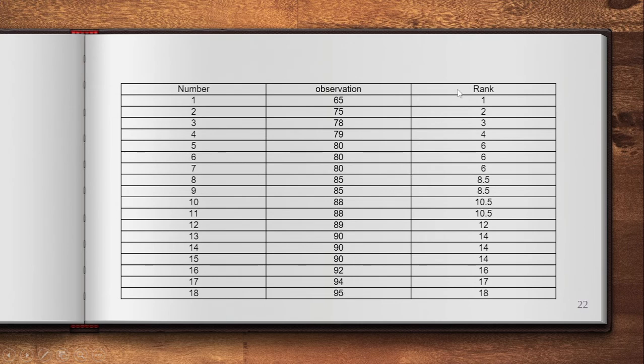So the rank is 1, and then 2, 3, 4, di ko alam po kung error po ito sa libro. We have 6, 6, 6, 8.5, 8.5, 10.5, 10.5. We have 12, 14, 14, 14, 16, 17, and 18. So, yan po ang ranking.